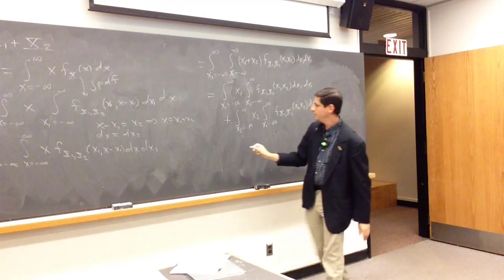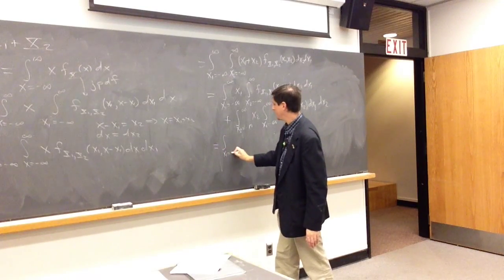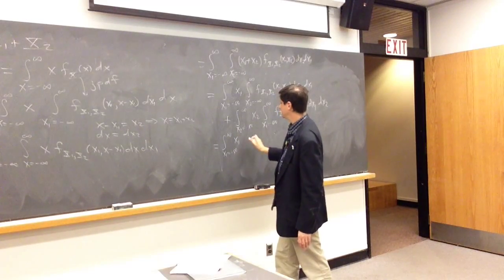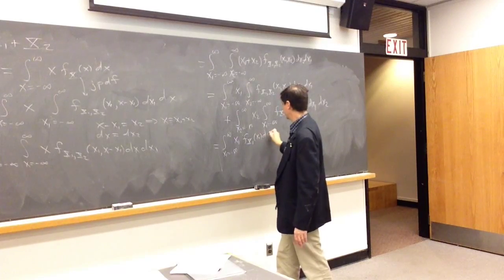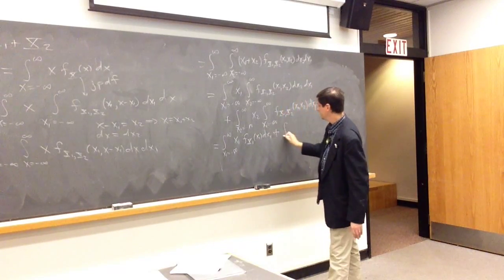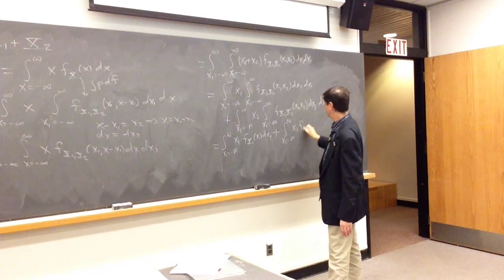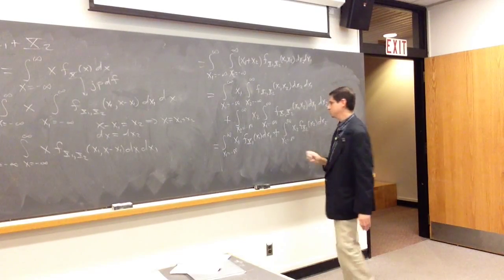So what we're left with, we're almost done, is the integral x1 goes from minus infinity to infinity of x1 times the density of x1 dx1, plus the integral x2 goes from minus infinity to infinity of x2 f(x2) dx2.